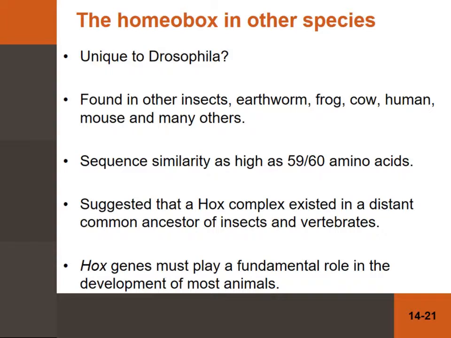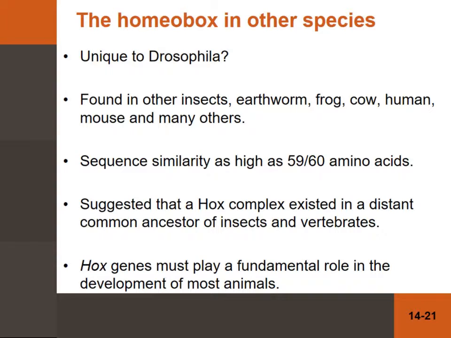The sequence similarity between these Hox genes across completely different species was astounding because of the similarity of the DNA sequence. In fact, they were nearly identical. They've reported sequence similarity between these genes to be as high as 59 out of 60 amino acids. That's quite amazing.